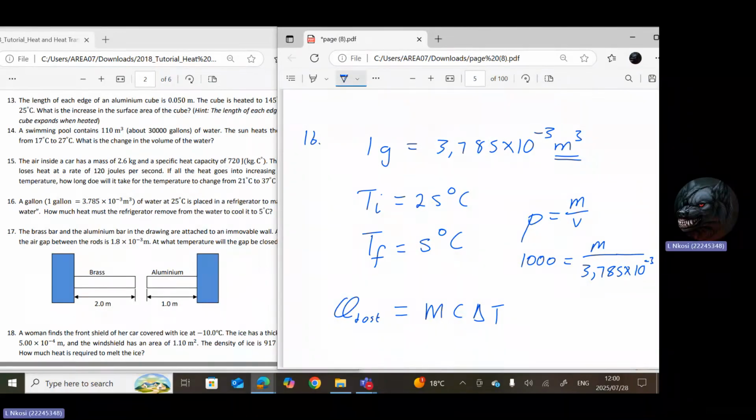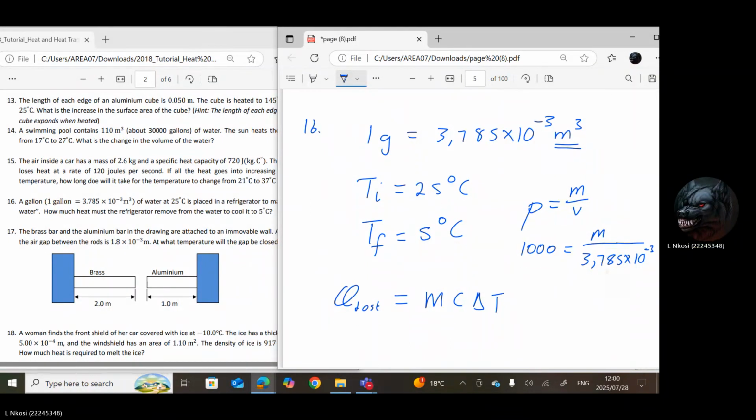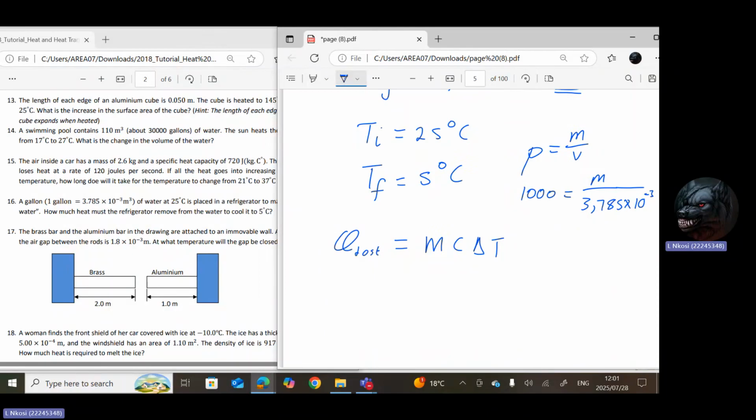The mass here should be, okay, let me punch in the calculator here. So mass is 1000 times 3.785 times 10 to the minus 3.